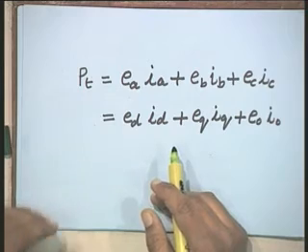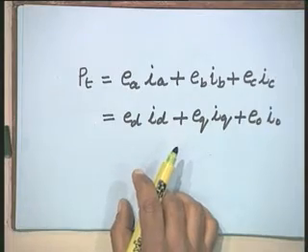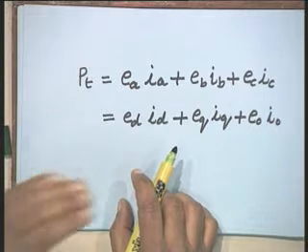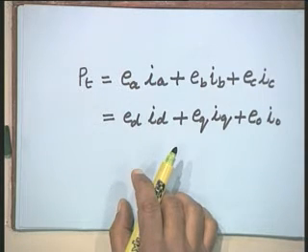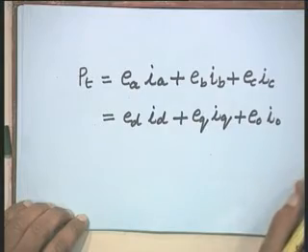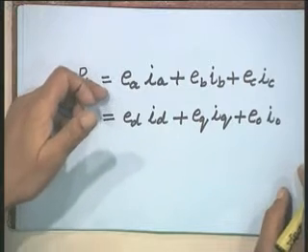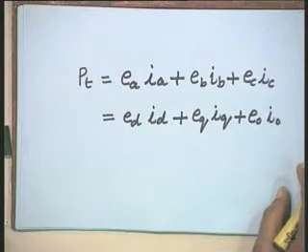It is something like this: when I had three voltages and three currents, I got the terminal power by multiplying these quantities. Similarly, I now have the direct axis voltage, quadrature axis voltage and zero sequence voltage, and similarly the direct axis current, quadrature axis current and zero sequence current. I multiply and add, and this comes out equal to the terminal power. Therefore, this transformation is called power invariant transformation.